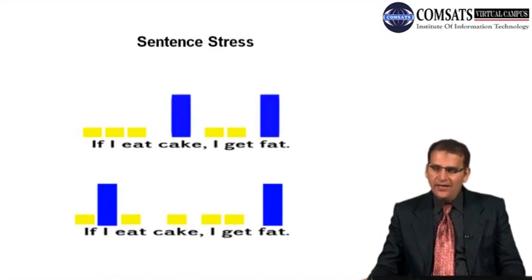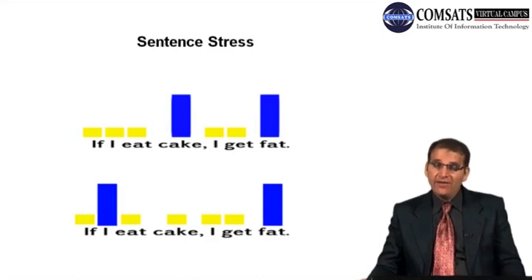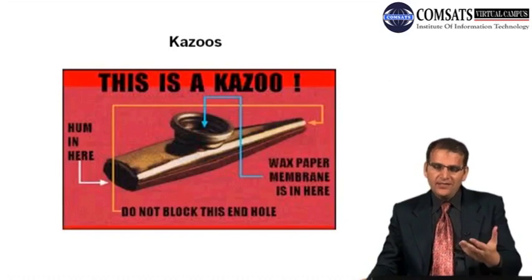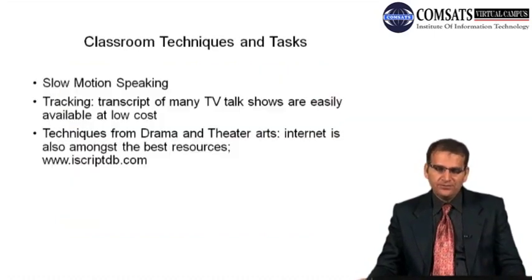If I eat cake, I get fat. See, so cake, more stress. Cake, fat is of course stressed. If I eat cake, I get fat. See? So this way sentence pattern is there. This is a kazoo, of course, that we can use in this pronunciation class.